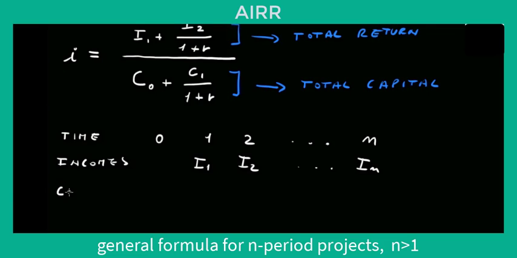And then we have the capitals, n capitals, which are invested at the beginning of each period. C of 0 is the first capital, then C of 1 remains invested at the beginning of the second period, and C of 2 remains invested at the beginning of the third period, and so on.